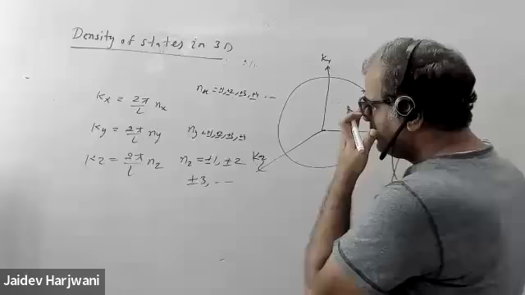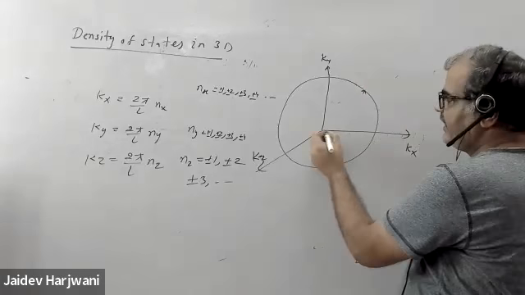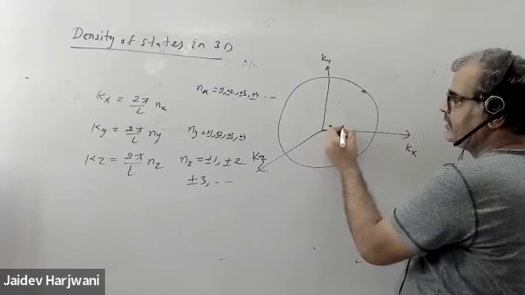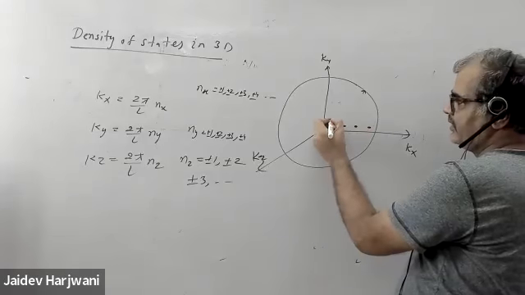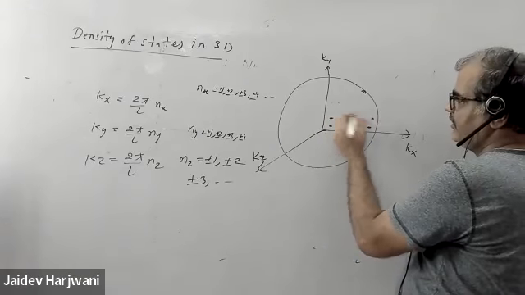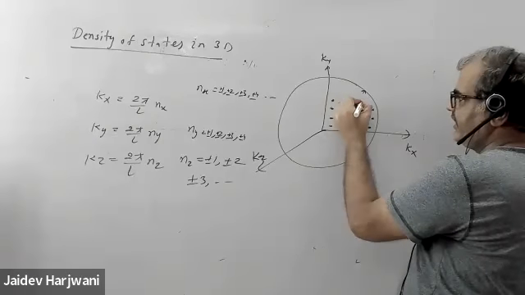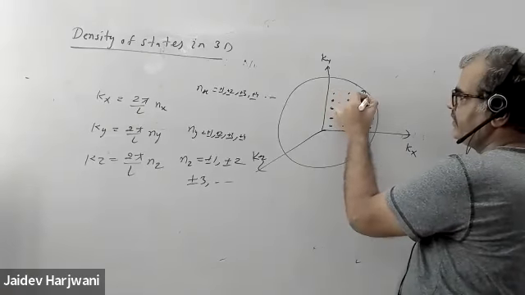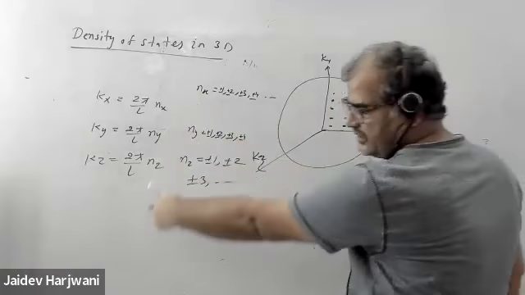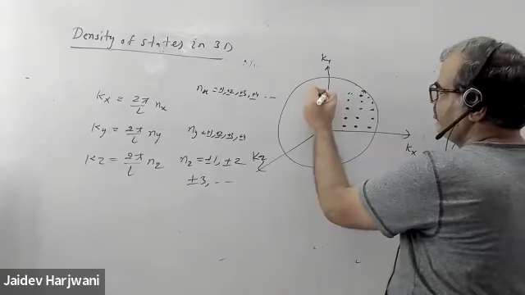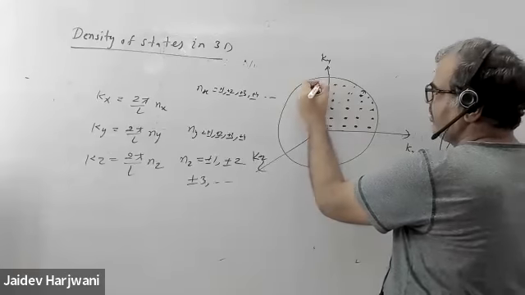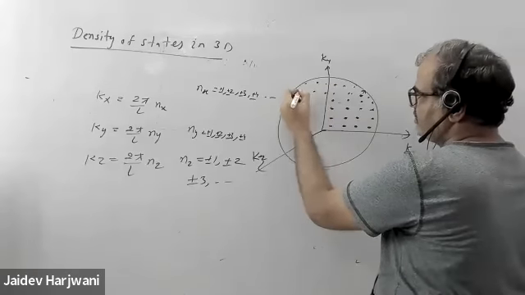Now in k space each point represents a k state. So these are points, and k values are discrete. If you plot this for k values, it comes this way.